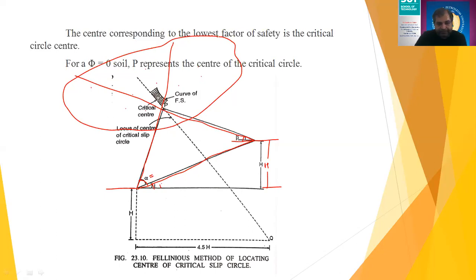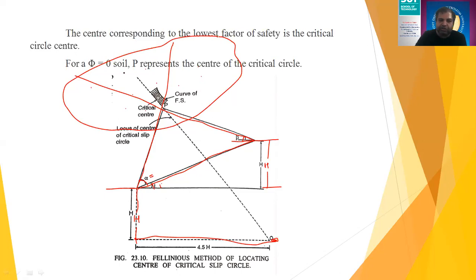Okay. Now, once you locate these two lines, from this particular point, first you need to go downwards by the value of h. So this is the value of h. I'm going to plot in a downward direction. I will get this particular point. And from this point, I need to go 4.5 times the h on this side, so that you will get the point Q here.